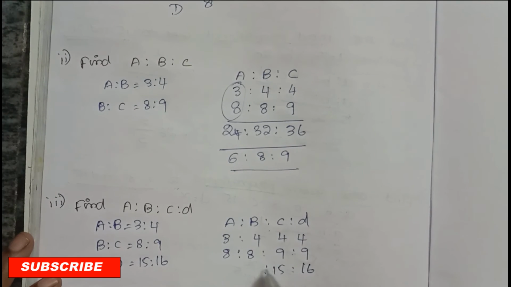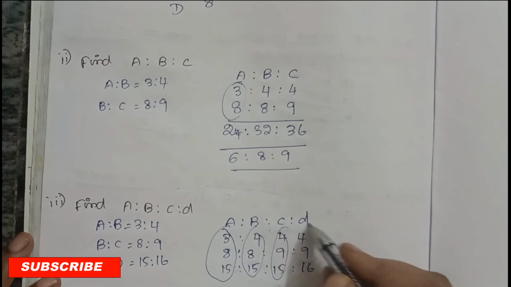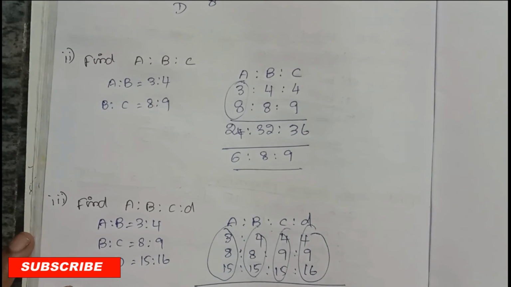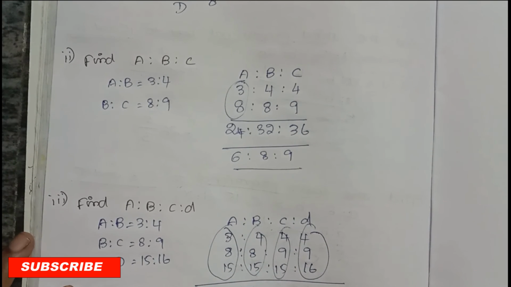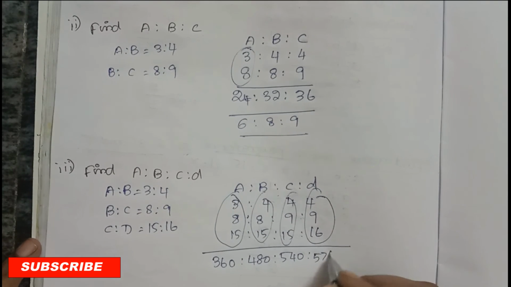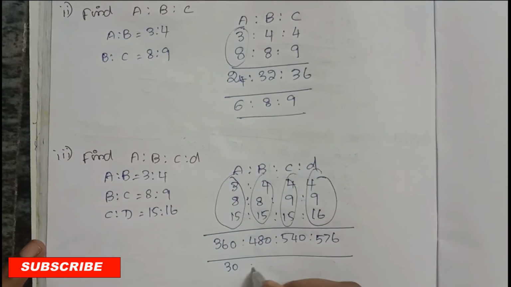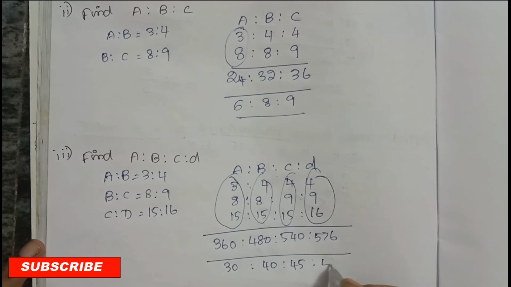So 15 also written in the blank areas, so 15 is to 15. Multiply these things. So 360 is to 480 is to 540 is to 576. On cancelling this we get 30 is to 40 is to 45 is to 48.